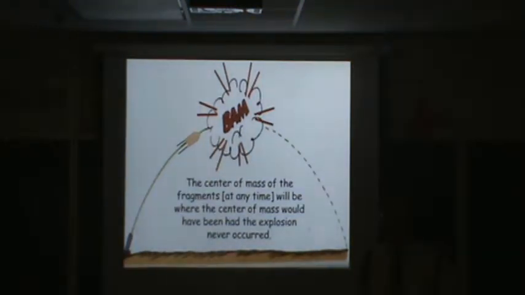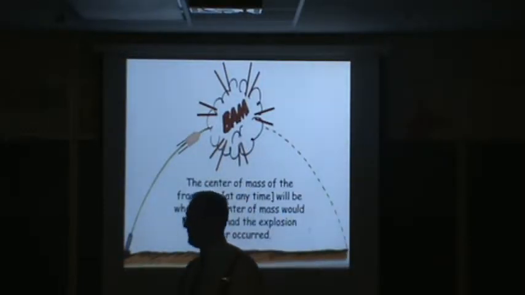But of course, that's not the question I'm asking. What's the question you're asking? Why, even when it explodes into 1,000 different pieces that go off all over the place, will the center of mass of all 1,000 pieces still follow that nice, smooth, clean, parabolic path? What law says that's going to happen?